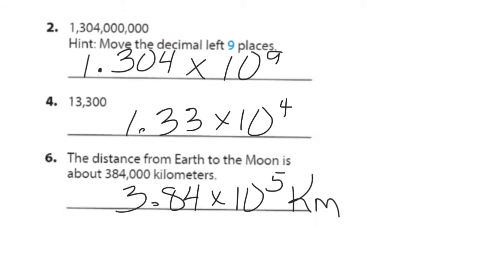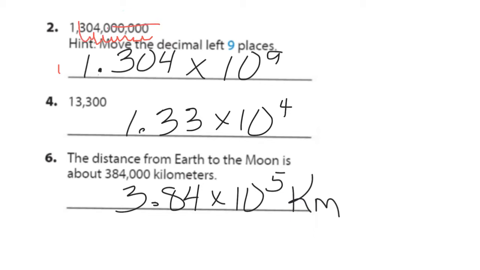Okay, so the answer for number 2 I have is going to be 1 and 304 thousandths times 10 to the 9th. So I took my decimal point and moved it over 3, 4, 5, 6, 7, 8, 9 spaces.